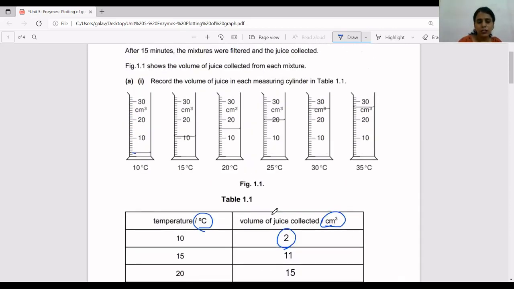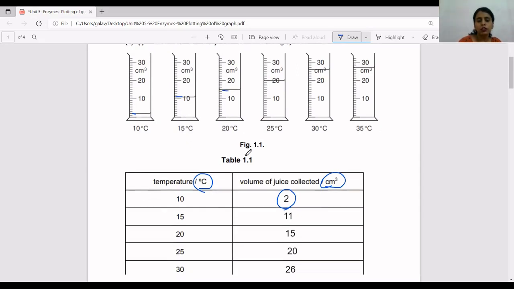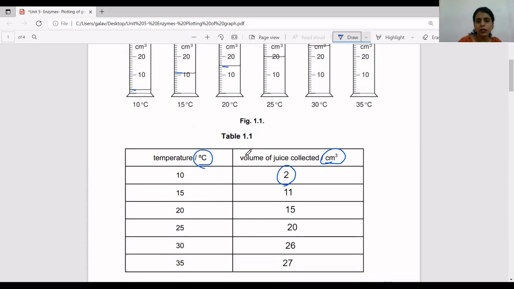So in the first case, that is 10 degrees Celsius, the volume of juice collected is 2 centimeter cube. In the second case, at 15 degrees Celsius, the volume of juice collected is 11 centimeter cube. In the third case, at 20 degrees Celsius, the volume of juice collected is 15 centimeter cube. At 25 degrees Celsius, the volume of juice collected is 20 centimeter cube.